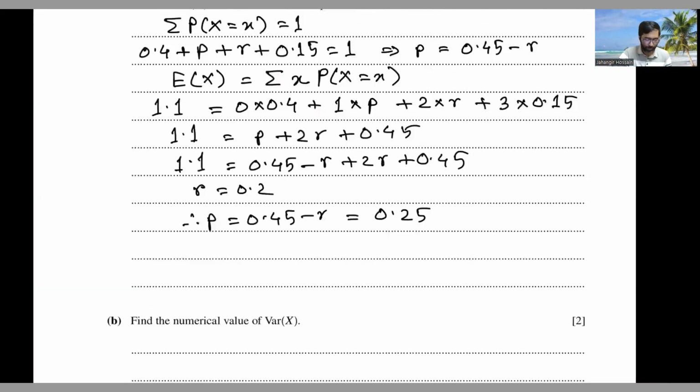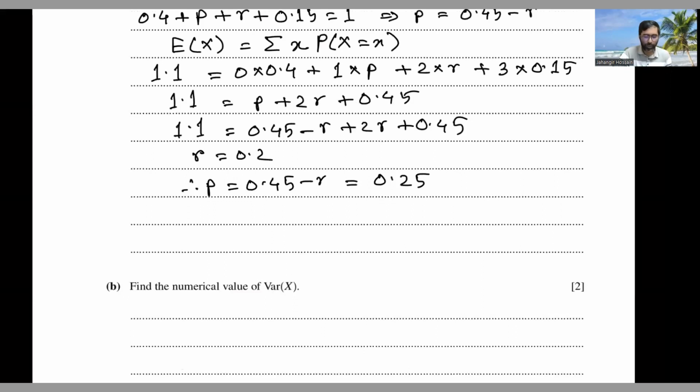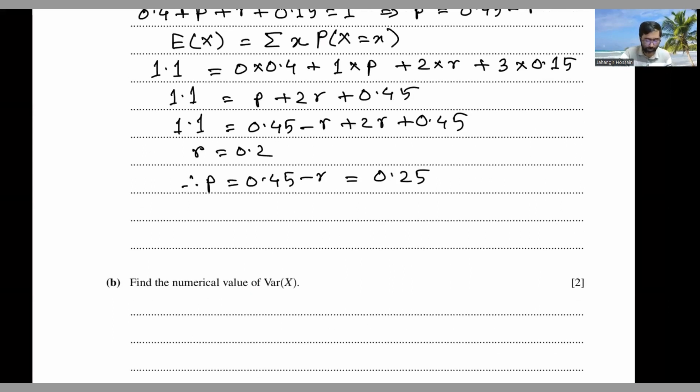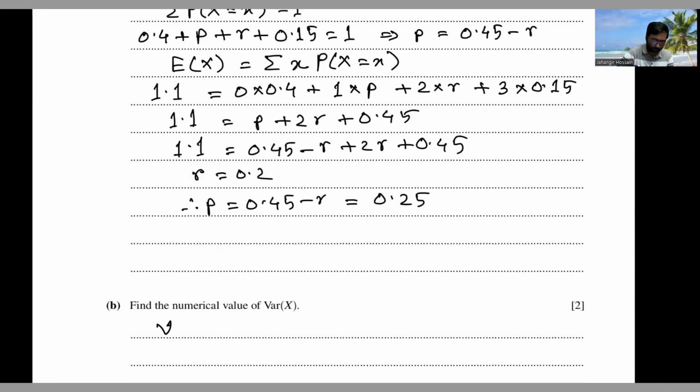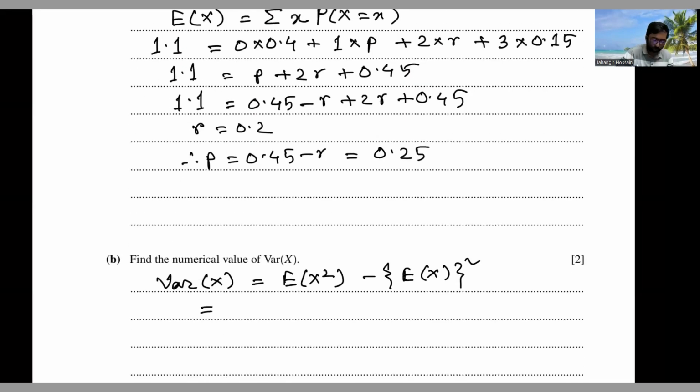Now, next, you have to find the numerical value of Var(X), the variance of X. The formula for variance of X is, remember, the expected value of X squared minus the square of E(X), that's the mean. E(X squared) is the summation of x squared times its probability.